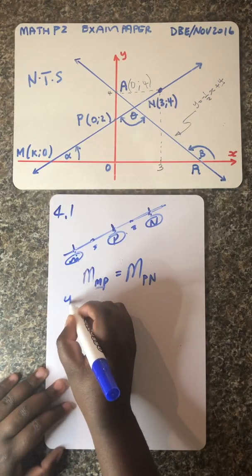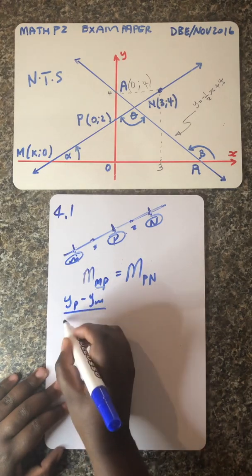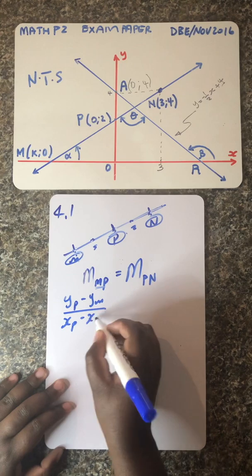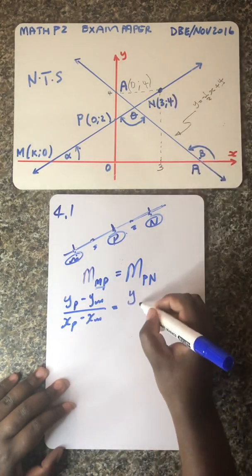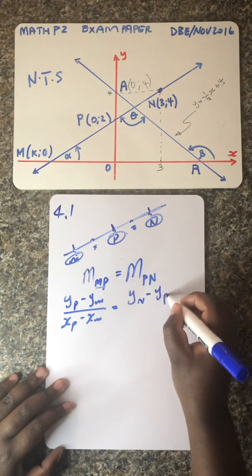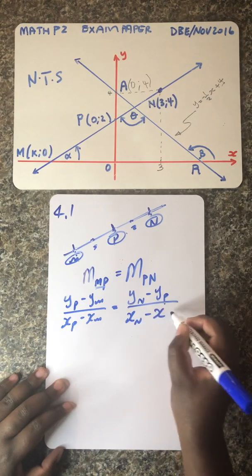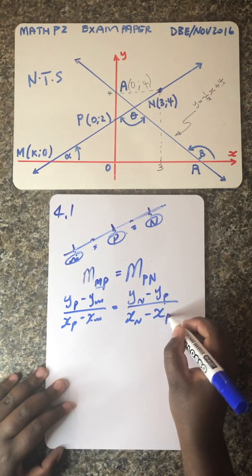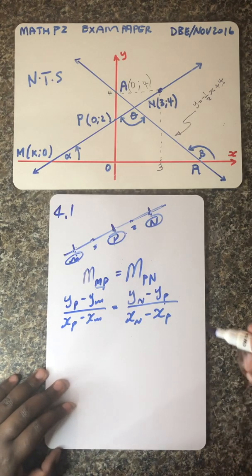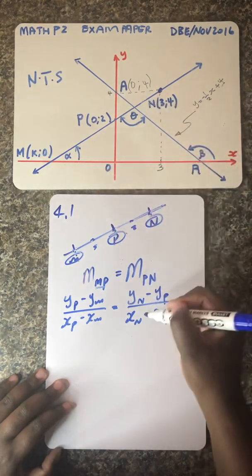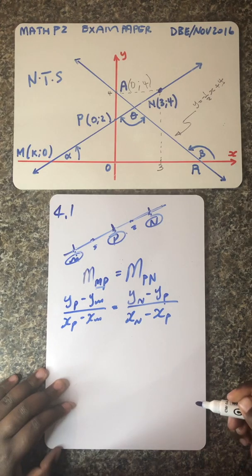So that means y of P minus y of M over x of P minus x of M should be equal to y of the second point, which is N, minus y of P over x of N minus x of P. Okay guys, can we substitute? Let's now substitute the coordinates into these formulas. Remember, the question wants us to calculate the value of K.